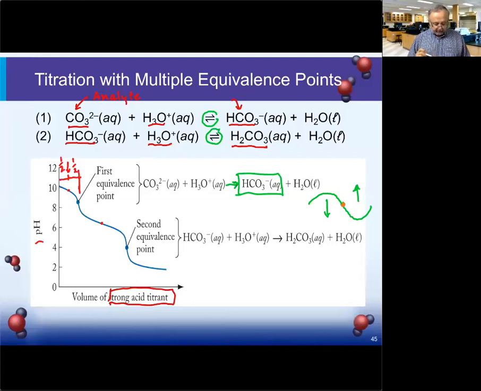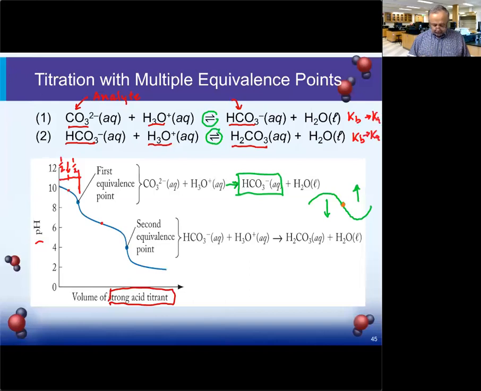Okay. So this is something important too. This equilibrium here is Kb, and this is Kb. So there are two, and they correspond to Ka.